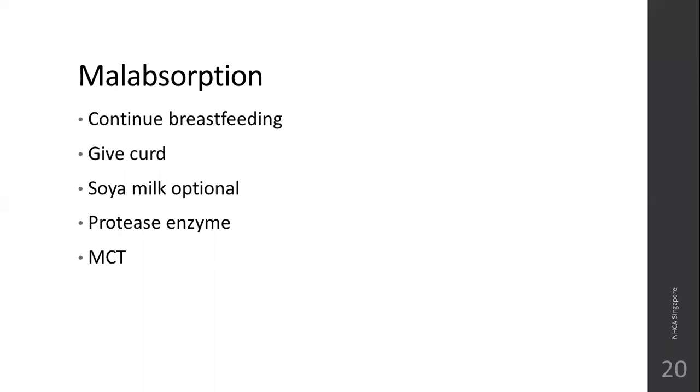Do not stop breastfeeding. Usually in cases of malabsorption, you will find disaccharide deficiency. It's a form of carbohydrate, it's a form of glucose, disaccharide. That is the most common deficiency seen. Lactose intolerance is also seen.